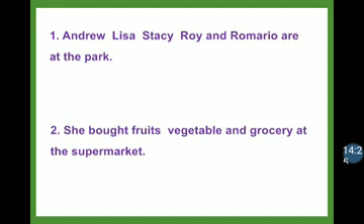If you say 3, then you are correct. So let's see where you're going to be placing them. So Andrew, comma, Lisa, comma, Stacy, comma, Roy, and Richard. So we know that there are 5 persons that went to the park.